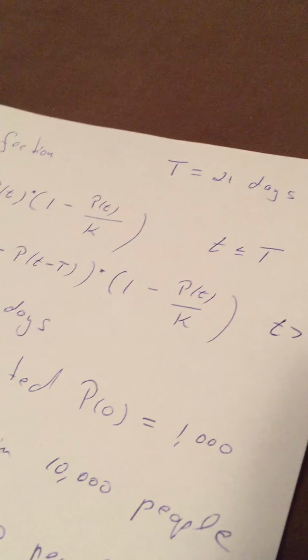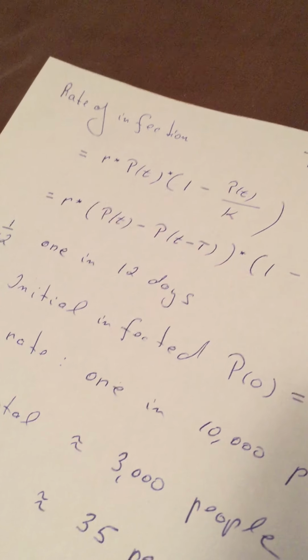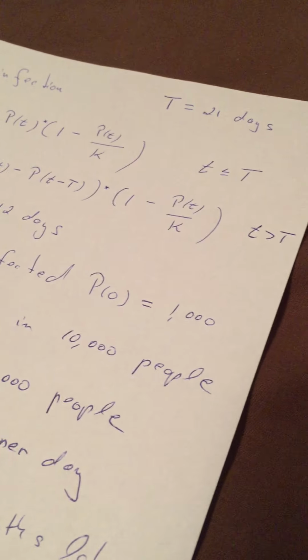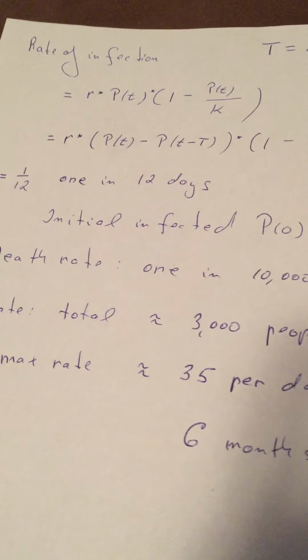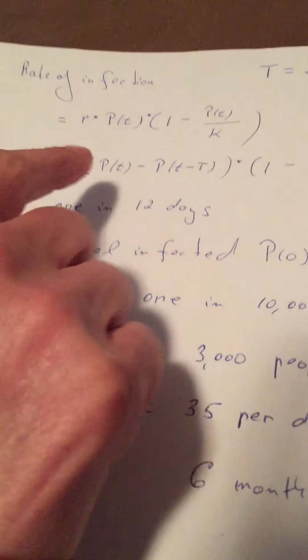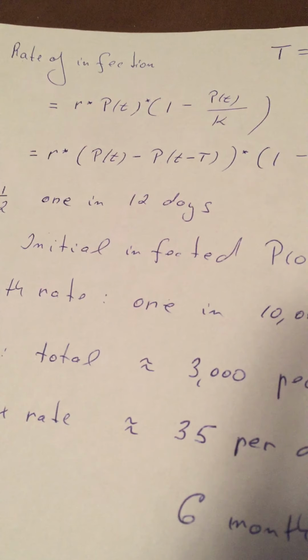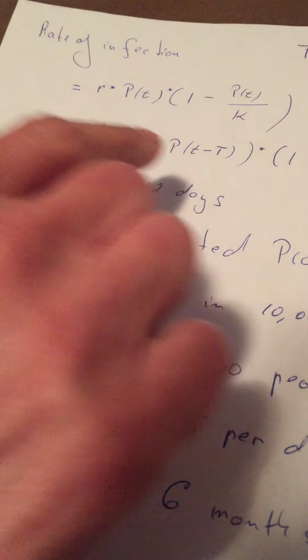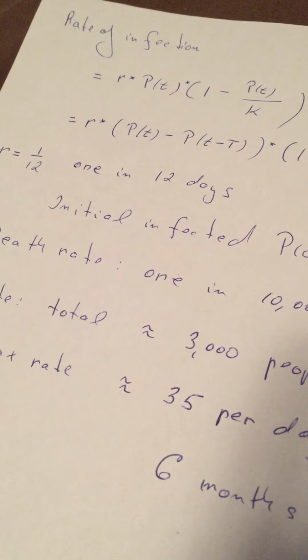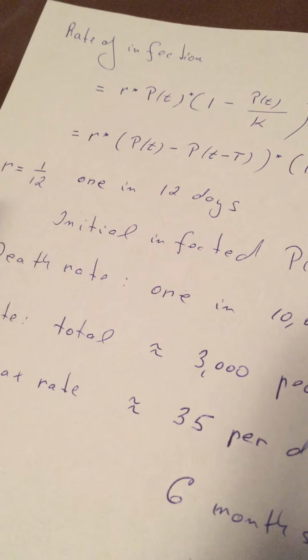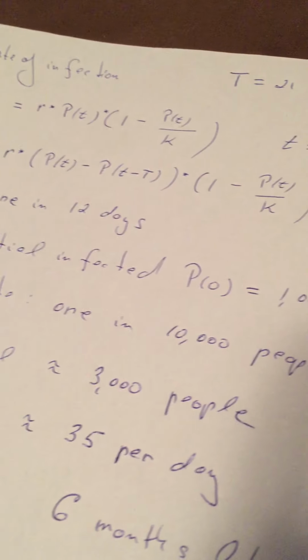Anybody who has been infected up to this point is contagious. After 21 days, however, that changes. The R value is still the same, but the pool of contagious folks is being reduced. It's the difference between the total infected people up to now minus the people that have been infected 21 days ago. So that gives us the contagious pool of people that are capable of infecting, and the bracket stays the same.